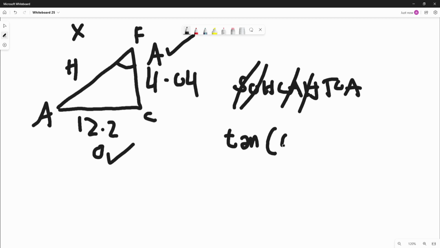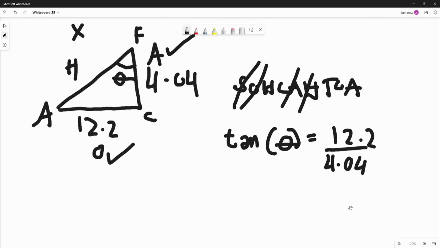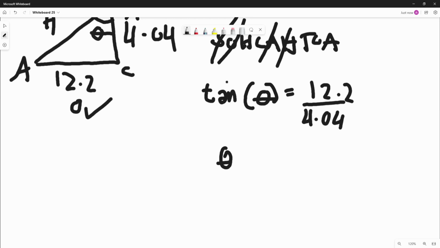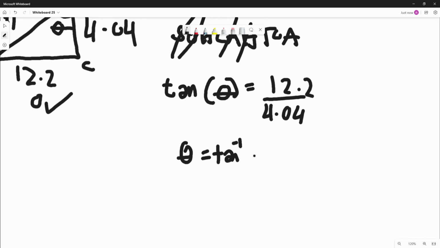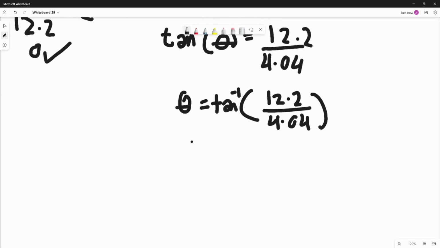An angle, which we know as theta, is equal to 12.2, the opposite, over 4.04, the adjacent. To cancel the tan, we do the inverse tan. So on the right hand side, we're going to get the inverse tan of 12.2 over 4.04, in which we're left with theta equal to 71.7 degrees.